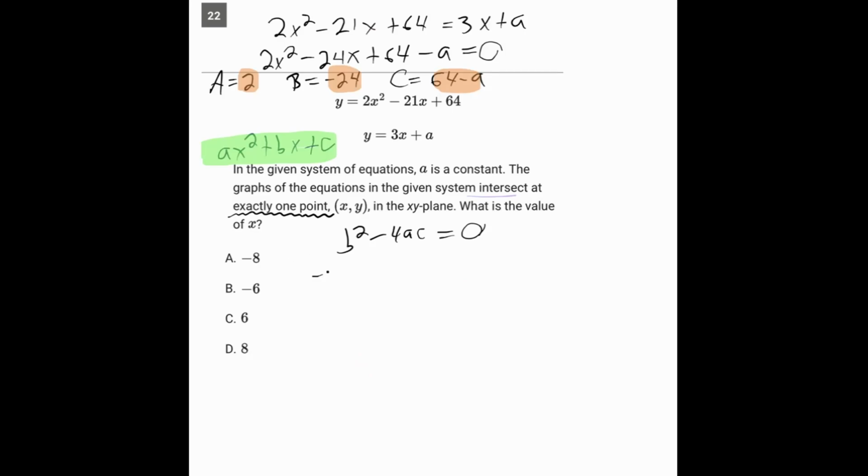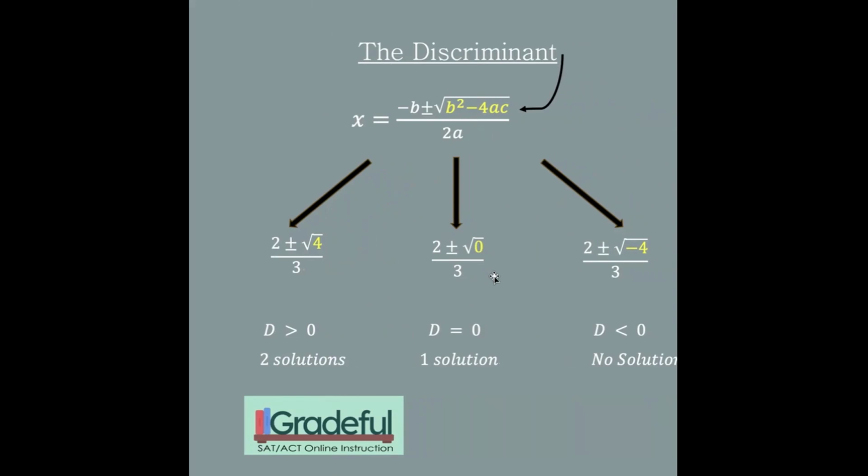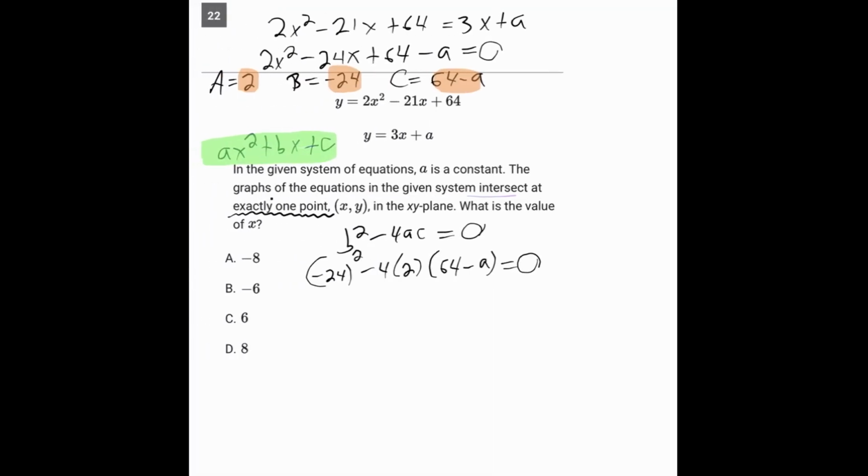So b squared, negative 24 squared, minus 4 times 2 times 64 minus a equals 0. Now, once again, we're setting it equal to 0 because in this situation, if the discriminant were 0, that would result in 1 solution. So when they tell us in this question that there is 1 solution, this happens at 1 point, that's our hint that this whole thing, b squared minus 4ac, the part under the radical, should equal 0.